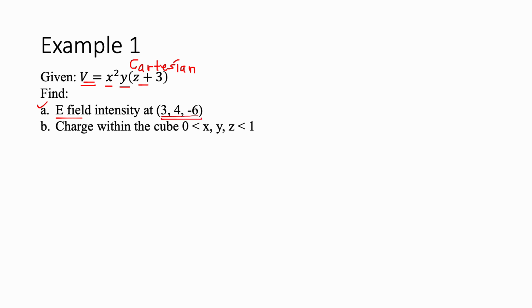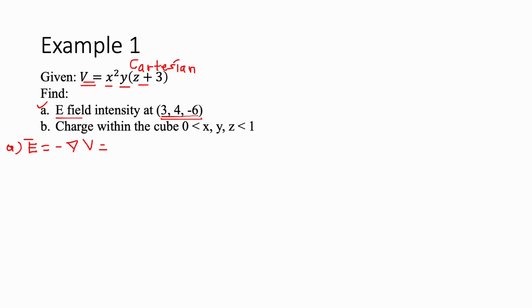So the related formula that we're going to use is the formula that has been introduced to you just now, which is E, the electric field intensity, is equal to negative Garrod, or gradient, V, where V has been given to us.